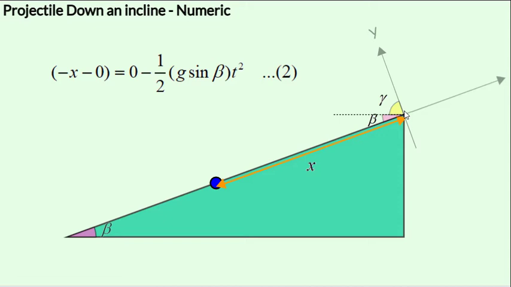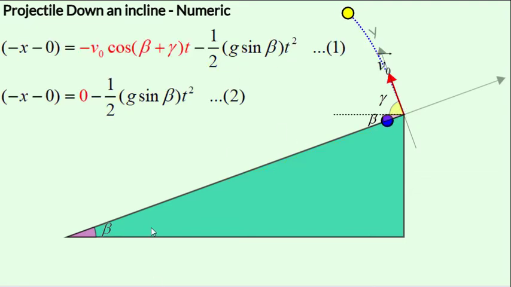The acceleration is minus g sine beta, and that points in the negative direction of the x-axis. And t is the time of flight of the projectile, which is the same time that the ball also slides down before meeting the projectile. And all these values go into the second equation of motion along the x-axis, which gives us equation 2.